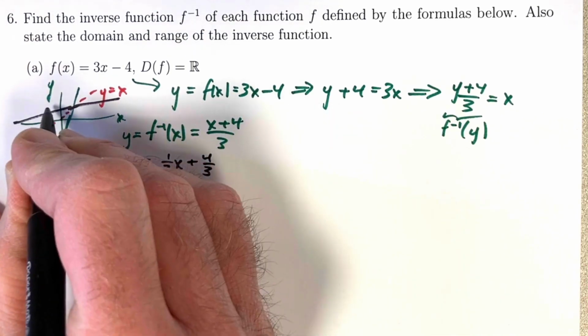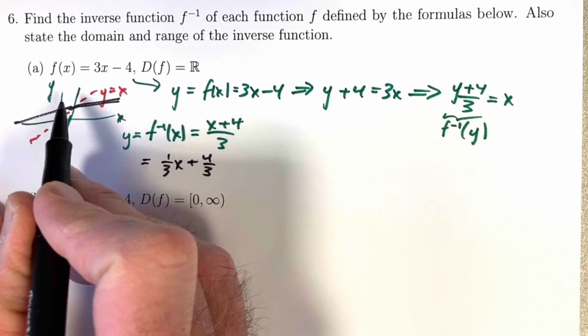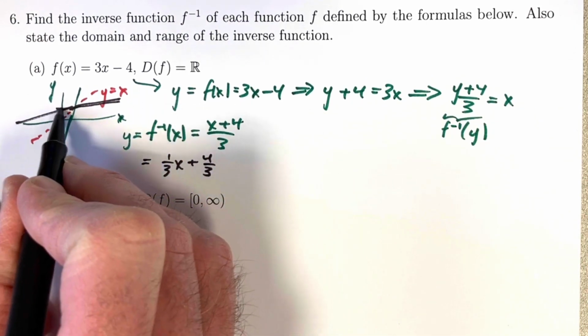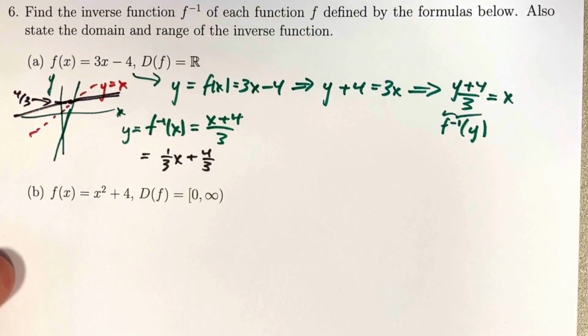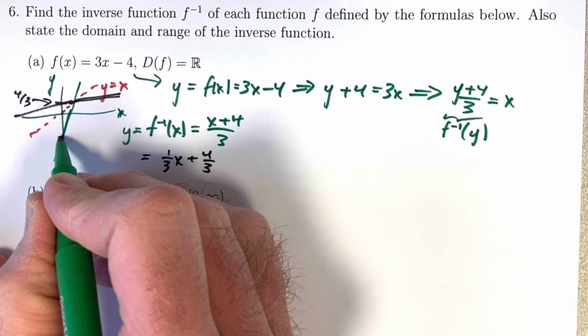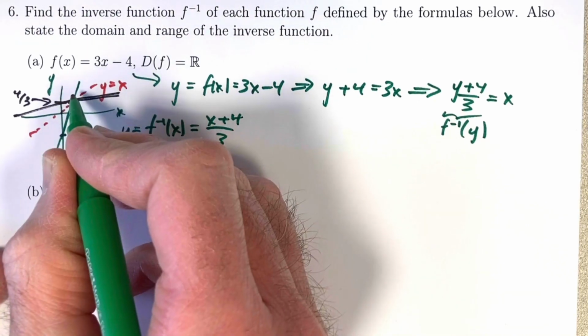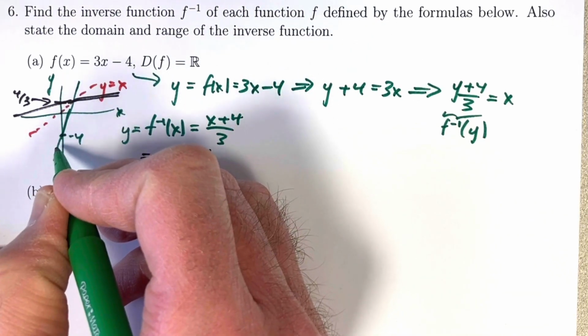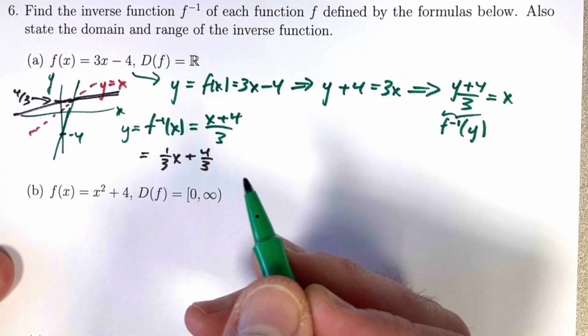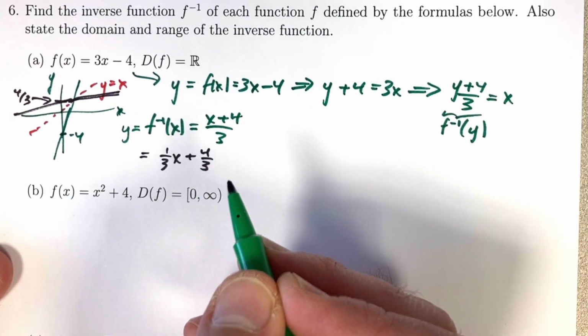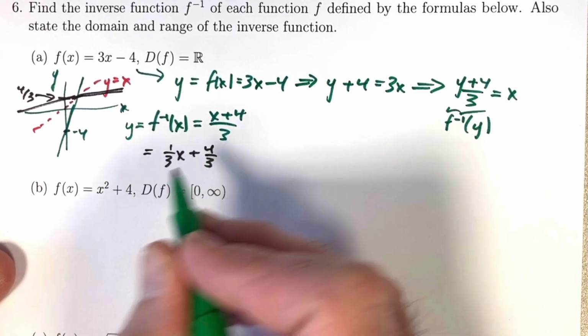So the slope of that black line would be 1/3, and the y-intercept would be 4/3, right there. The original function had a y-intercept at negative 4 down there, slope of 3. Here's slope of 1/3 and y-intercept of 4/3. That's a nice property, and that's partially why we justify doing this.